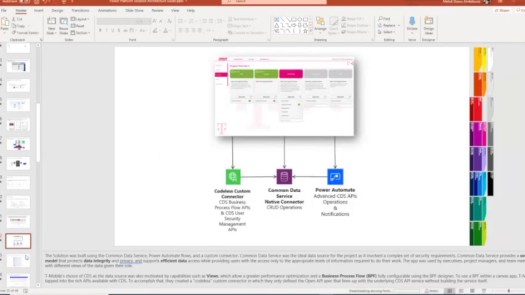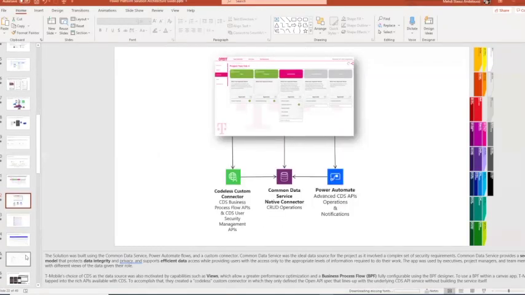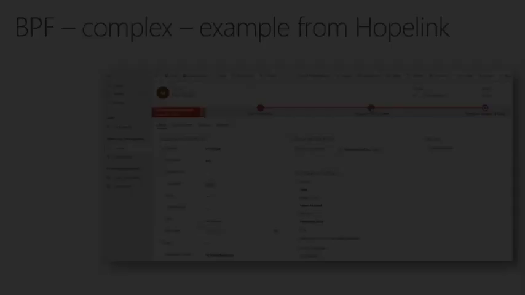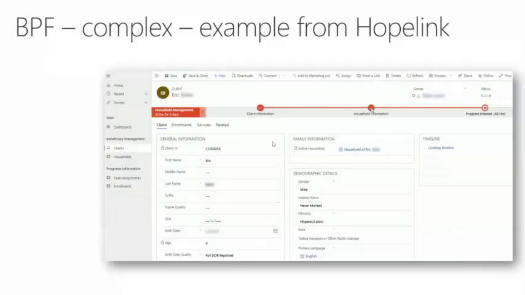For those who use business process flow, this is the technology that allows you to create complex business process flows. You can do branching. You have the ability to create stages and have users enter different fields and complete those fields before moving to a different stage. All of that infrastructure exists in the platform.